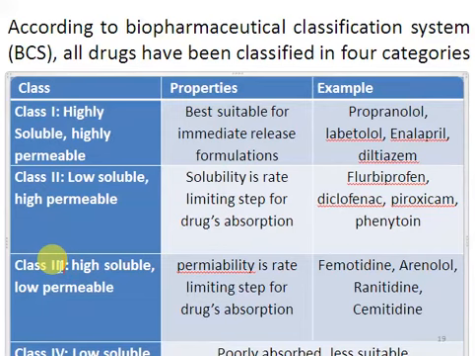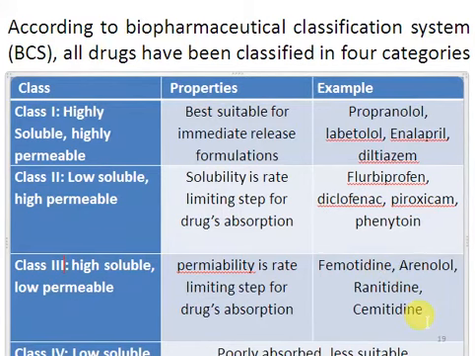So here the problem is not solubility, it is absorption across the cell membrane. Although the drug is available in soluble form, it is not permeable, so it cannot enter the cell membrane. Once it enters the cell membrane, it will show its action. Examples are famotidine, atenolol, ranitidine, cimetidine.